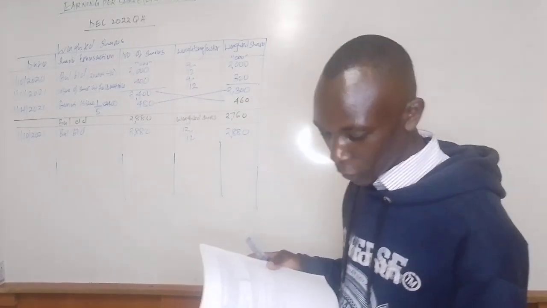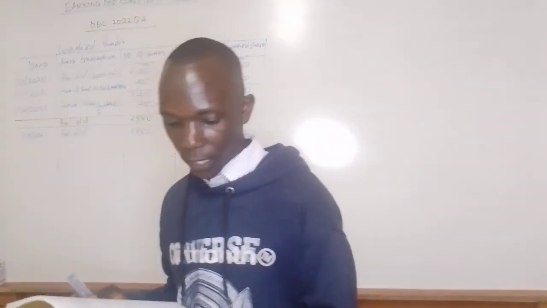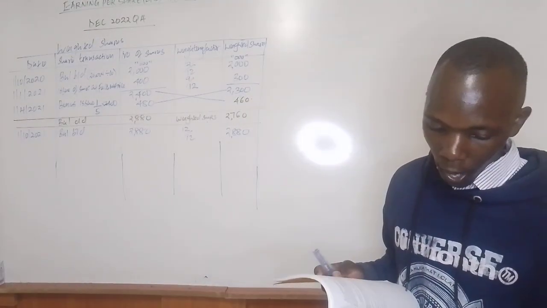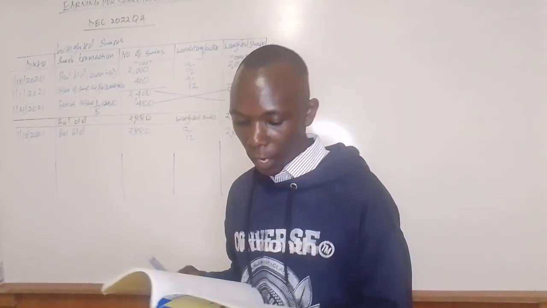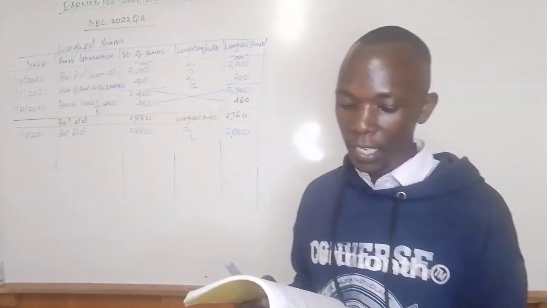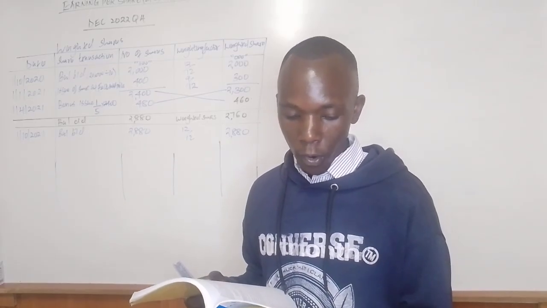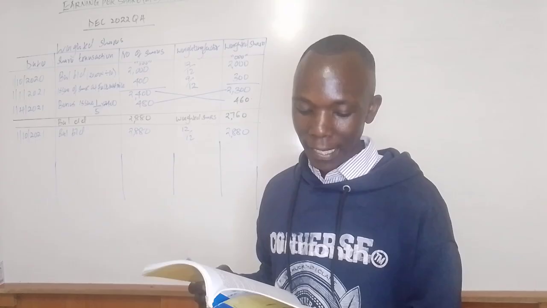Then we continue with the additional information, that is number 3. You are told that on 1st December 2021, D Limited invited its ordinary shareholders for a right issue in the proportion of 144 at shillings 12 per share.